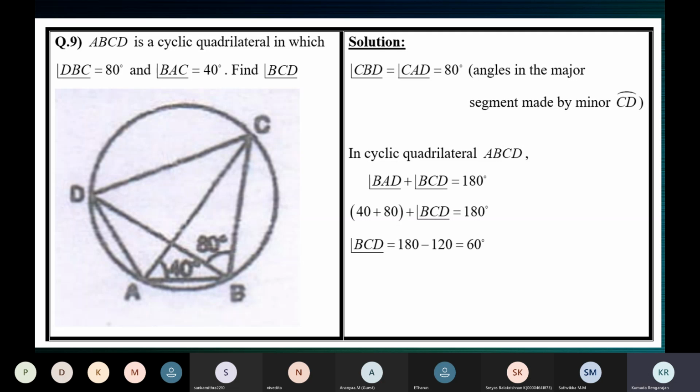Please write down, children. You can also write: angles in the same segment of a circle are equal.